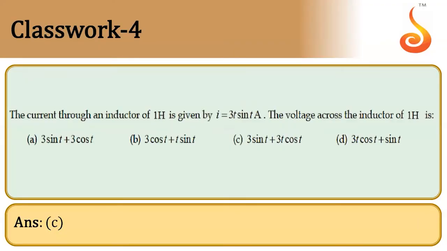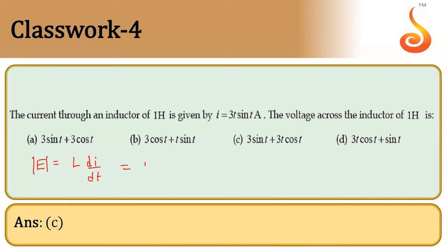The current through an inductor of 1 Henry is given by I equal to 3t sin t. You have to find the voltage across the inductor. Voltage across inductor is given by E equal to L into di by dt.